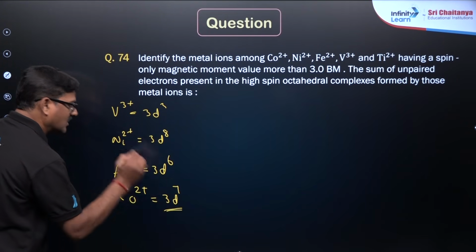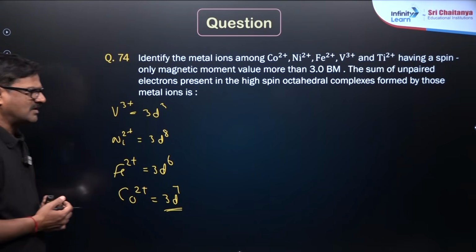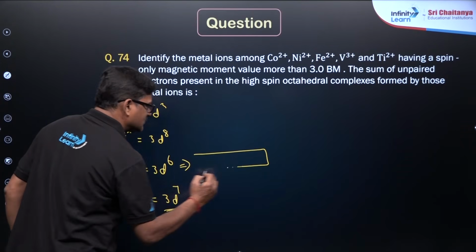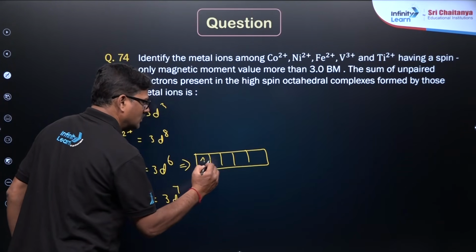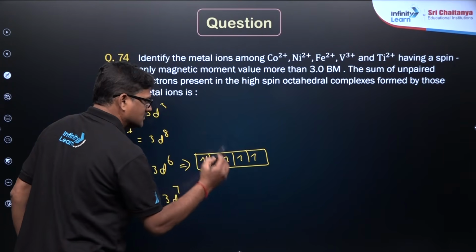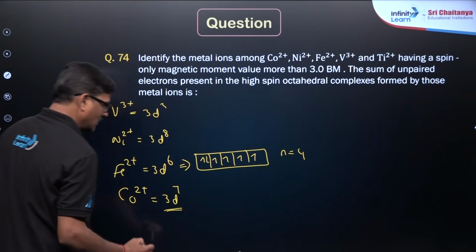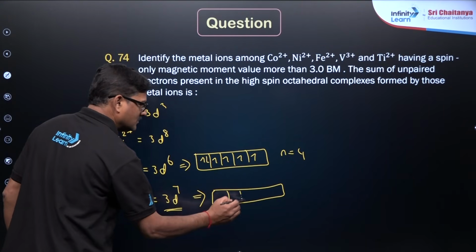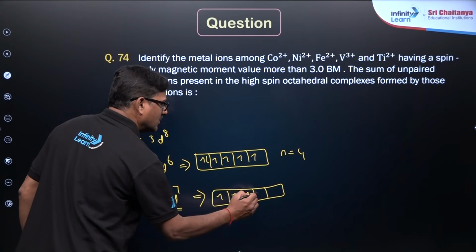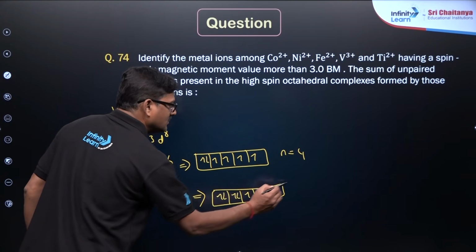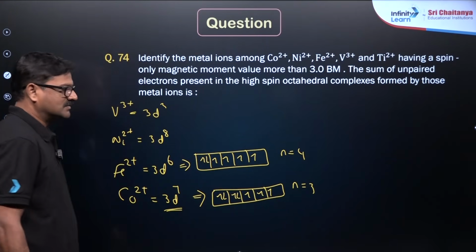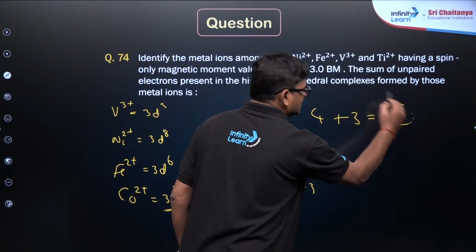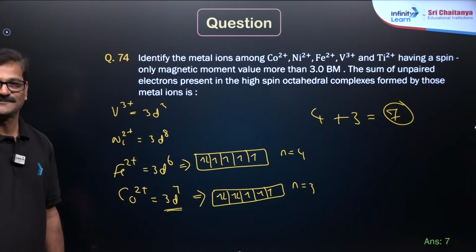So this is considered in the counting. When you talk about the iron, 3d6, you can say it is going to be 1, 2, 3, 4, 5, 6. So n is equal to 4. Cobalt is going to be 3d7, 1, 2, 3, 4, 5, 6, 7, n is equal to 3. So I would like to say 4 plus 3 is equal to 7 is the correct answer for this question.